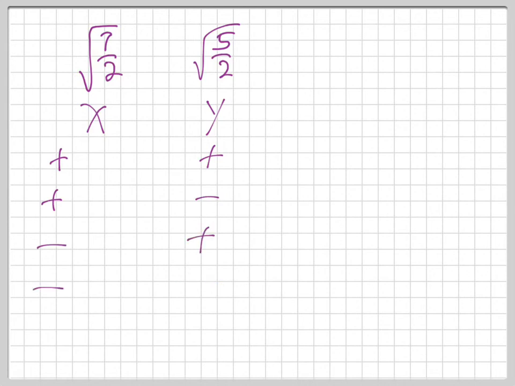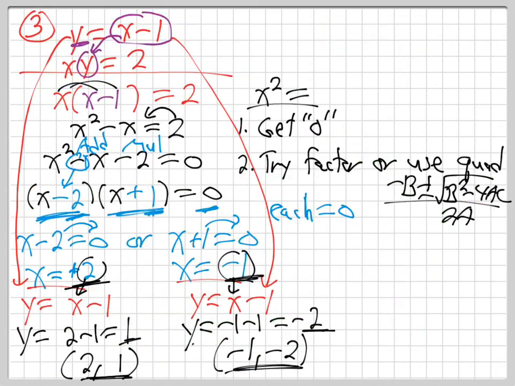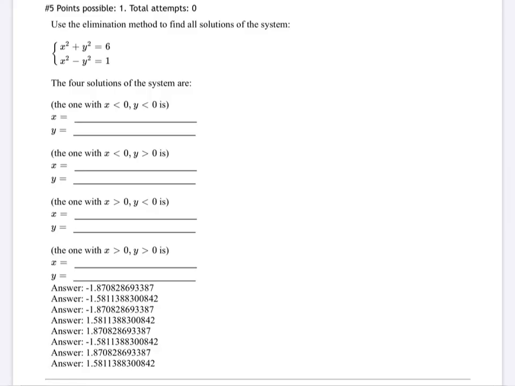It was all 4 options on those. So if you use your calculator, crank out those numbers, you'll get all the numbers that they have right here on your calculator. And they tell you which ones they want: the x less than 0, y less than 0, then the x less than 0, y greater than 0, etc. They want them in that particular order. So that's how we put them all in on our calculator.